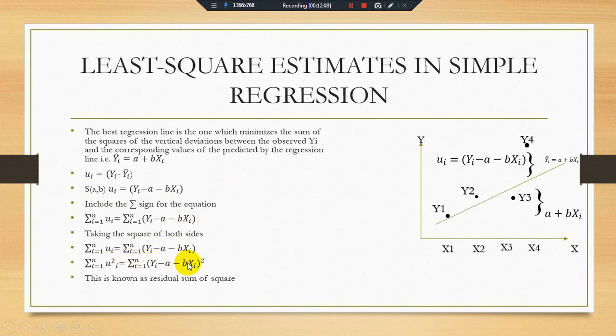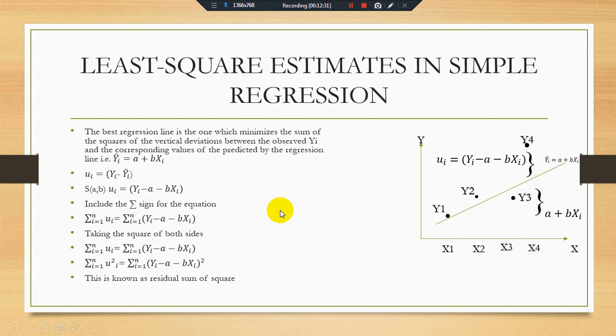See here, if this part is higher, then this part will be lower. When this part is lower, then the square of this part will be lower or minimized. So we have to find such a combination of A and B which will increase our explained variation.